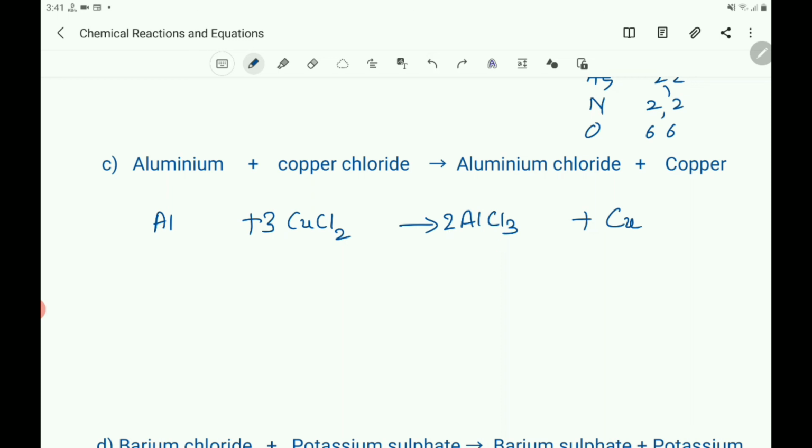Then what about others? Aluminium, here 2 atoms of aluminium. So you multiply it by 2. Then Cu, 3 Cu is there. Here Cu. So you multiply Cu by 3.